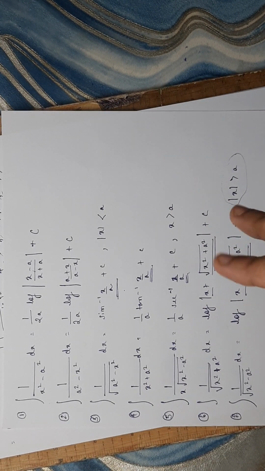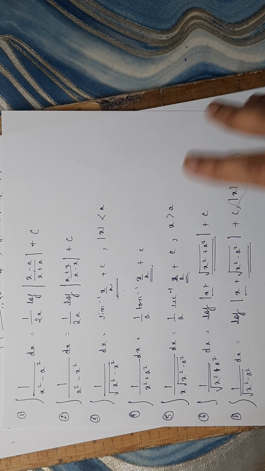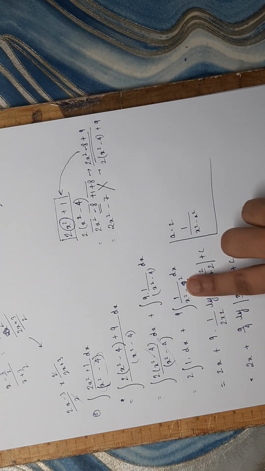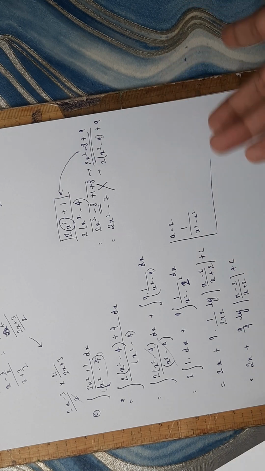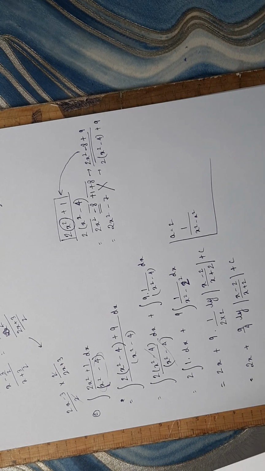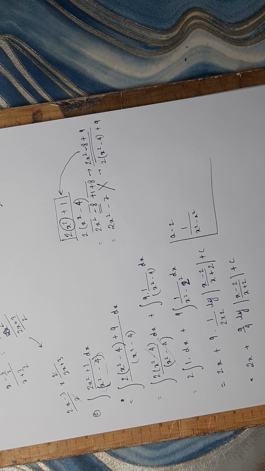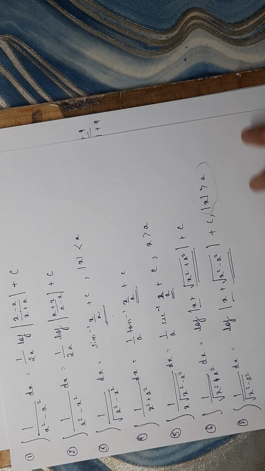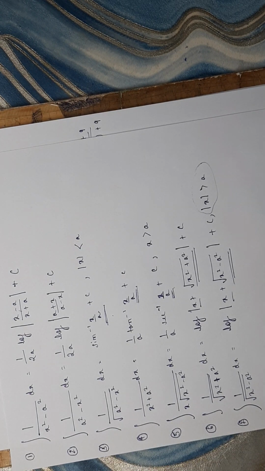It will naturally get glued to your mind. Whenever you see 1 by x square minus a square, I know that integration of 1 by x square minus a square into dx is nothing but 1 by 2a log of mod x minus a divided by x plus a plus c. So you already know it, you don't have to mug that up.